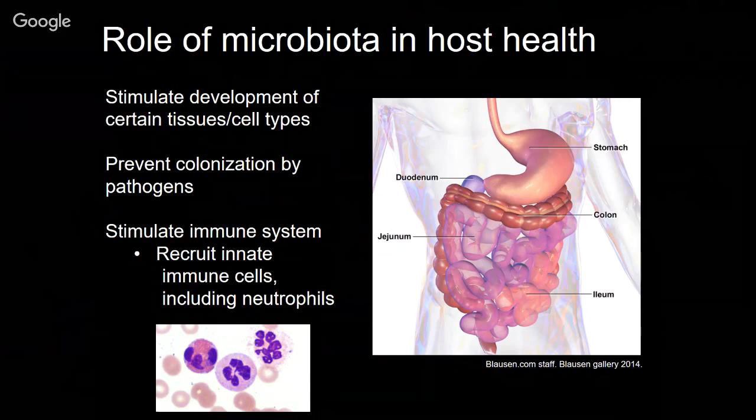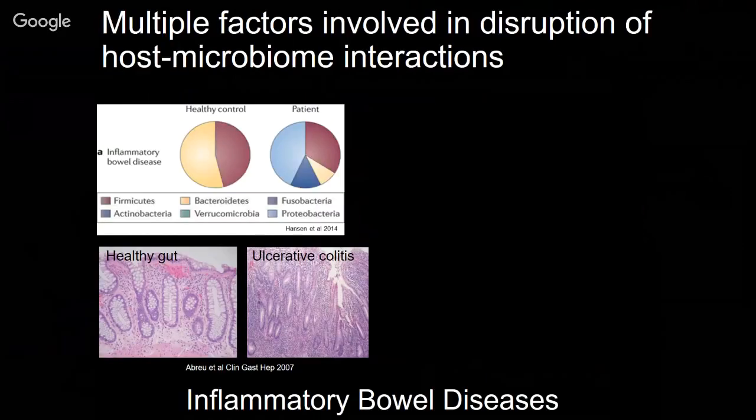And one of the things I'll show you in just a minute is that neutrophils are always present in the gut. Low numbers when there's not an infection, and their numbers increase when there is an infection. And their role is to be there right away to consume pathogens and make sure that the host is able to clear those pathogens. Now, there are multiple factors involved in the disruption of host-microbe interactions.